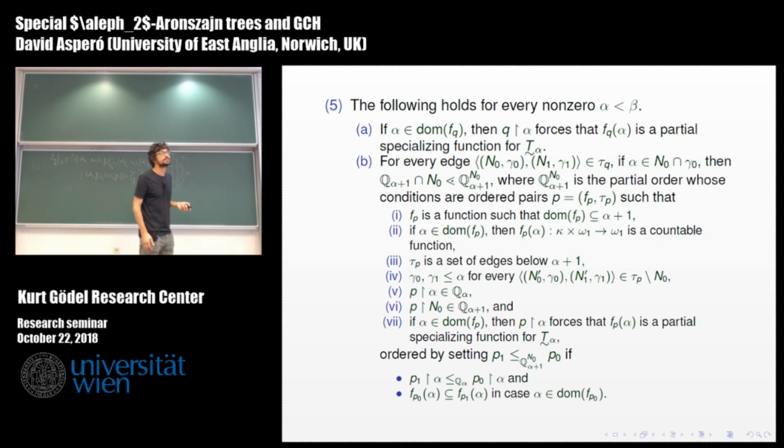And you need to get the q alpha plus 1. So you have the complete suborder, you forbid putting things in, and any condition here will be compatible with any maximal antichain from here.